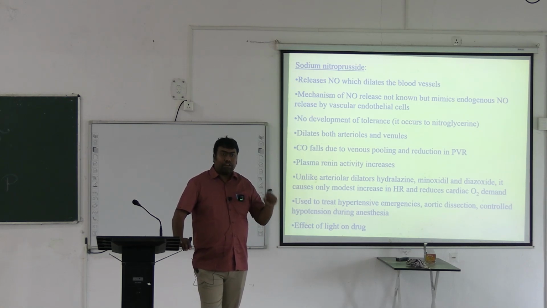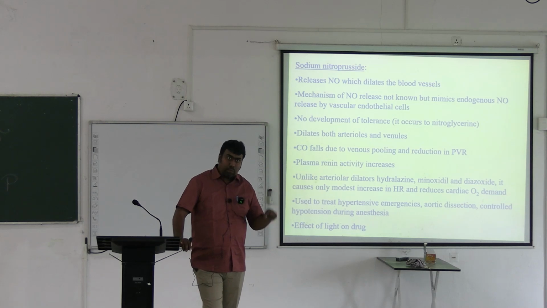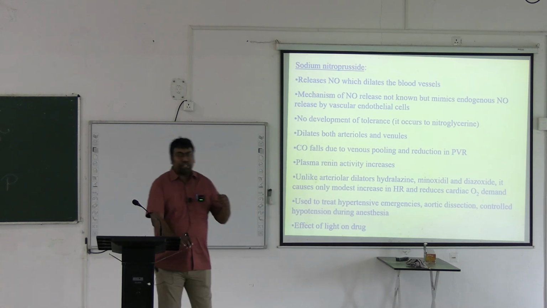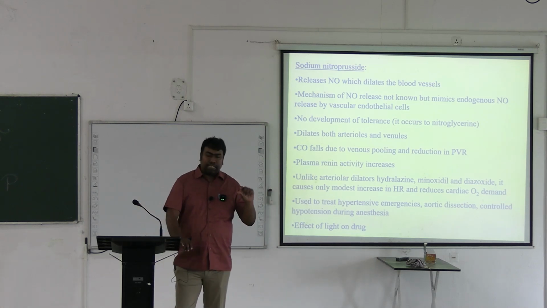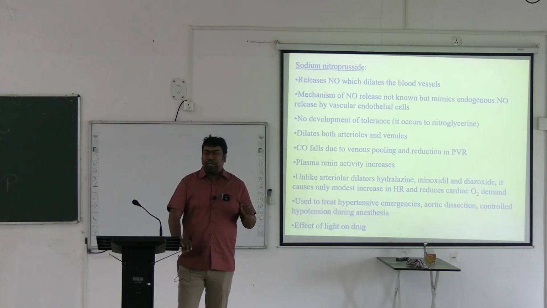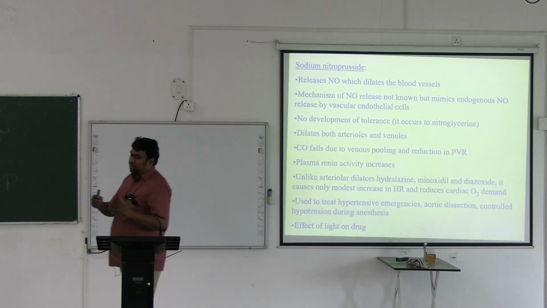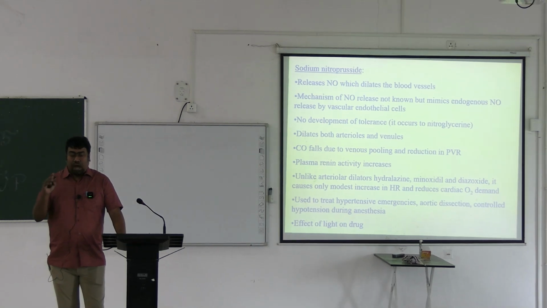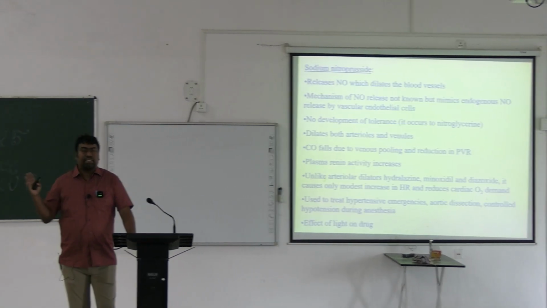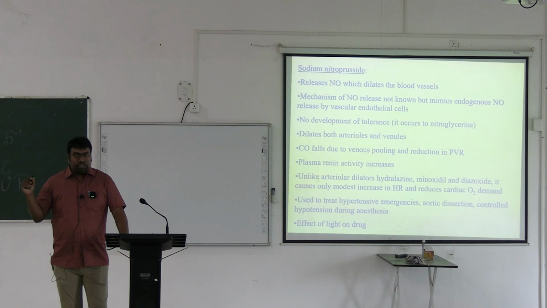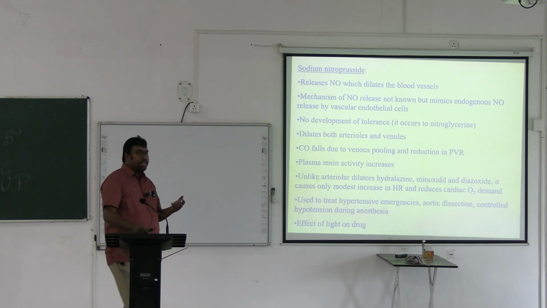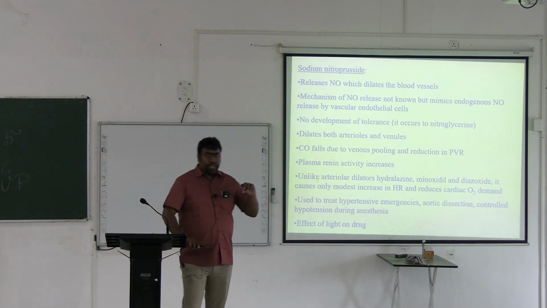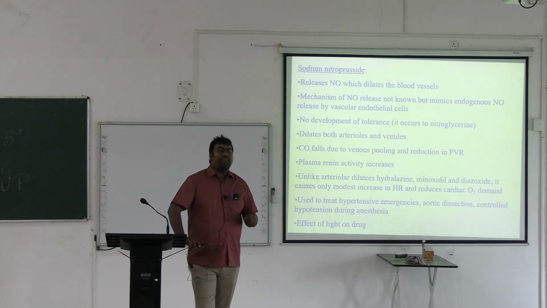Similarly, nitroprusside, how it acts, where it can be used, and you also have to explain why it is always kept away from the sun, or covered with black paper, because if it gets sunlight, it degrades and its efficacy will be less.